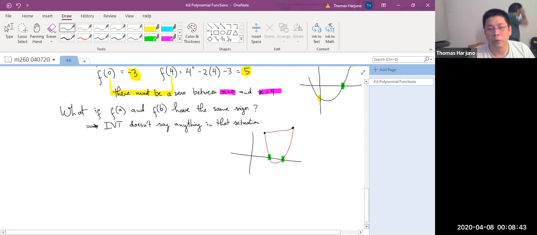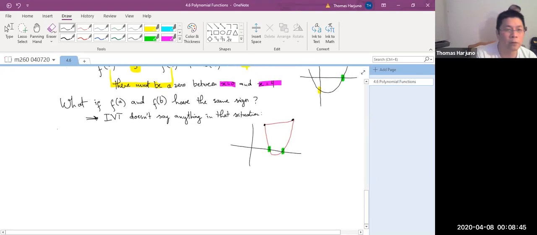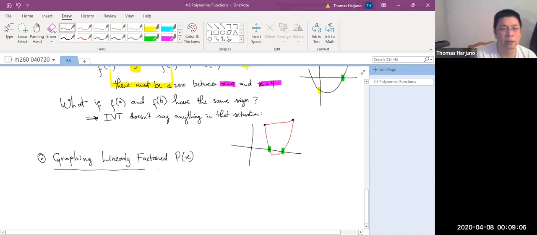Next thing that we will do is graphing polynomials, to be more precise, linearly factored polynomials. What do I mean by a linearly factored polynomial?